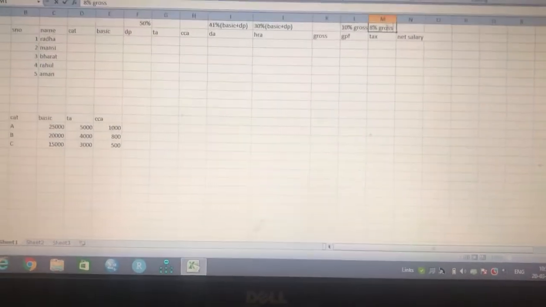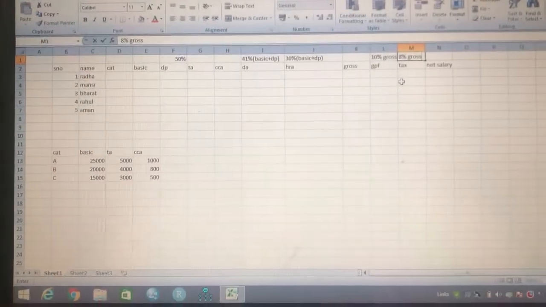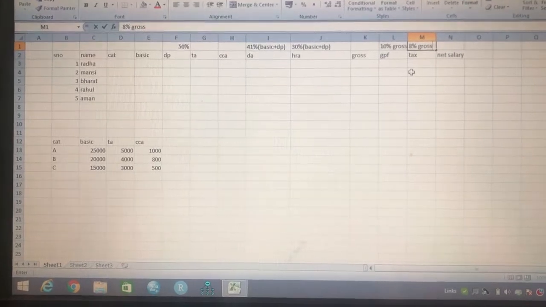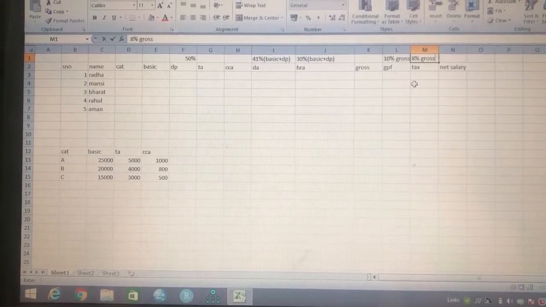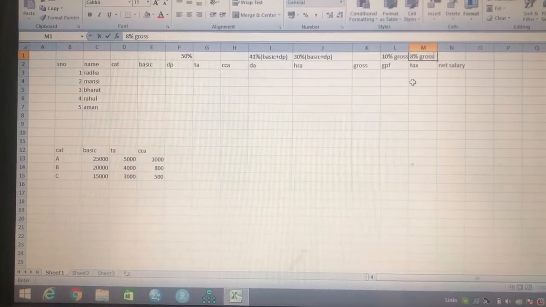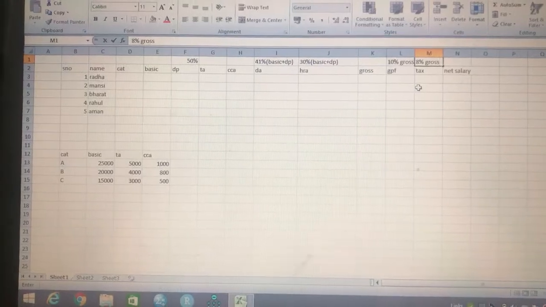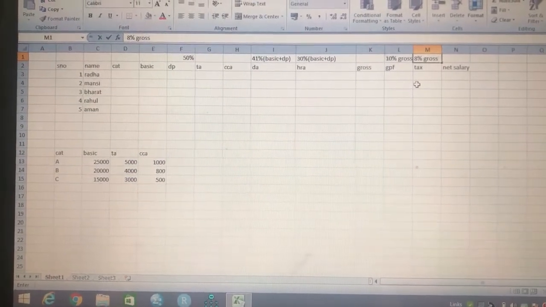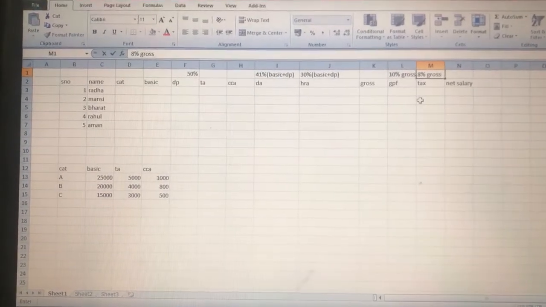Now, this is as per the specification of the question. We have just created the basic structure. Now what we have to do is make a very generalized kind of payroll, wherein we will be given the names, then categories would be given here. What we require is that based upon the categories, the system itself takes the basic.